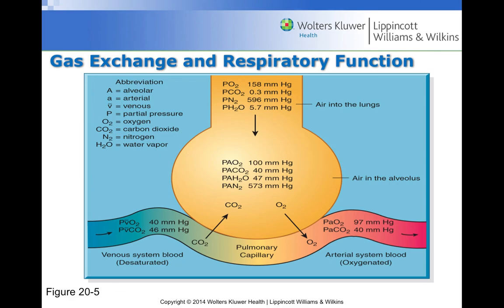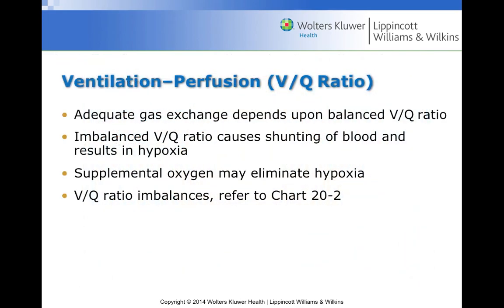There's also a good chart in your text on 469, chart 20-2, which goes over your ventilation perfusion ratios. More in depth, it explains that VQ ratio for adequate gas exchange and how it is balanced.